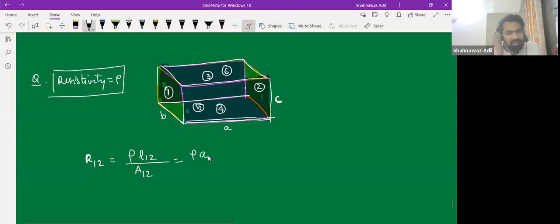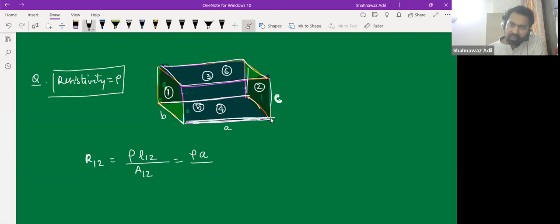Did you understand this part, Tariq? Yes. And what is the area of cross section? So this is the length of this wire, this cuboid-like wire, right? And C is the height of this cuboid.